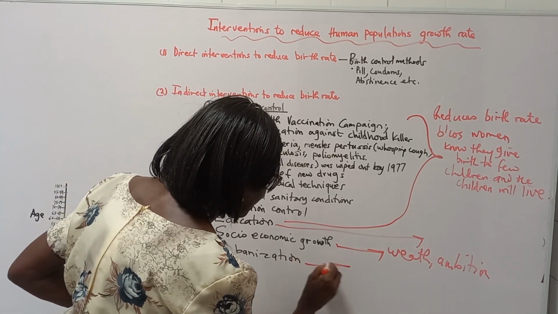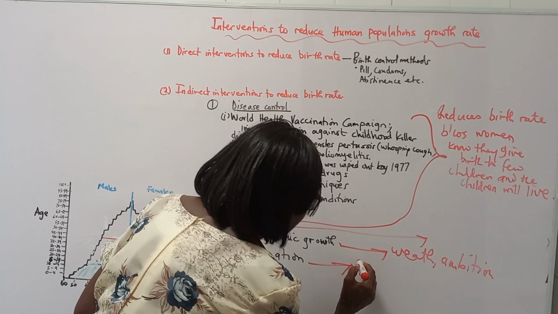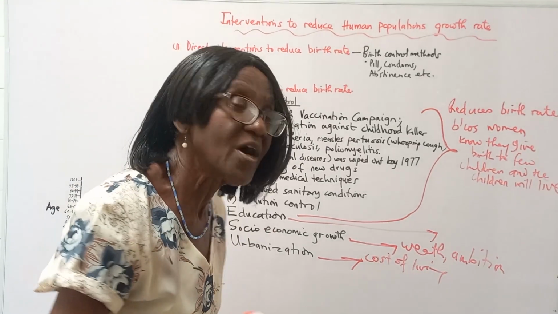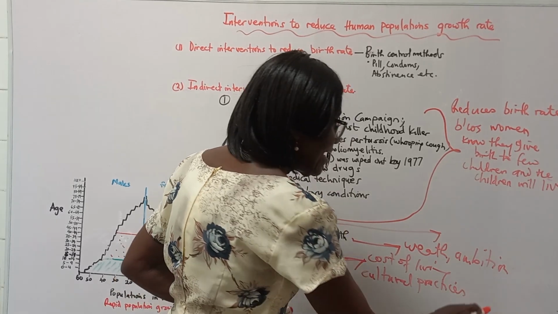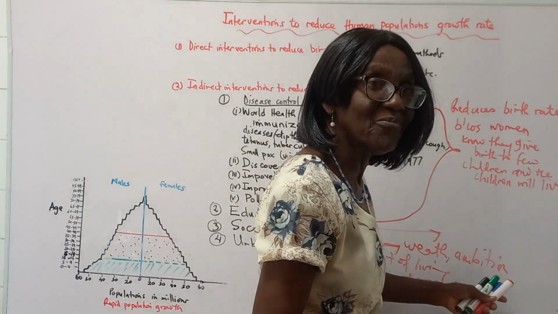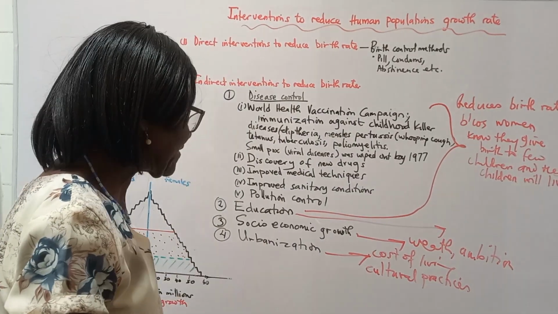Then urbanization: in urban areas, the cost of living is high and there are no cultural practices. So all these indirectly enable women to give birth to few children because of time, wealth, and ambition.